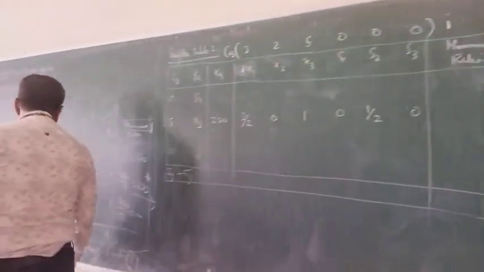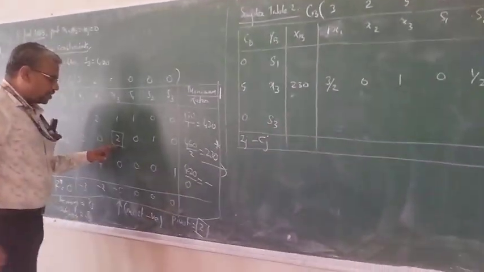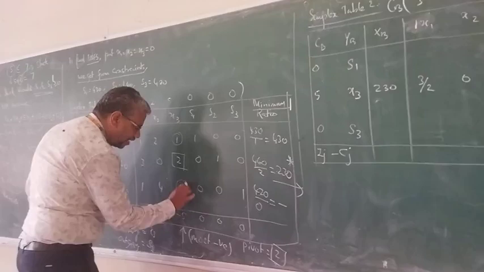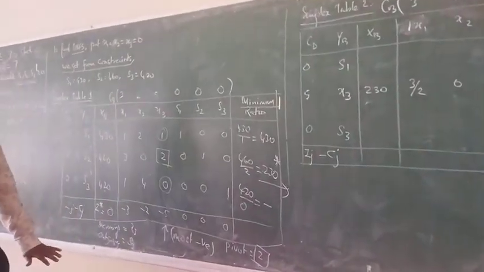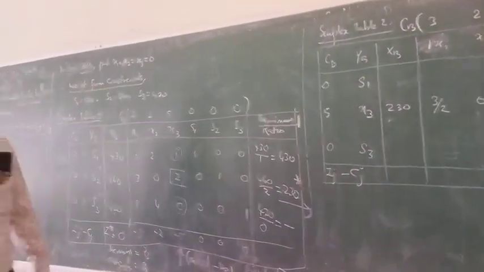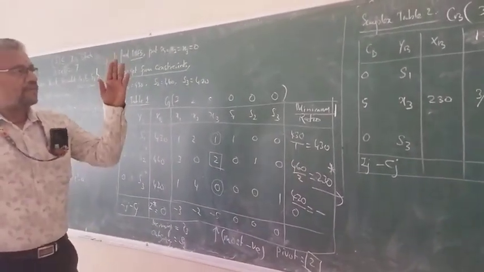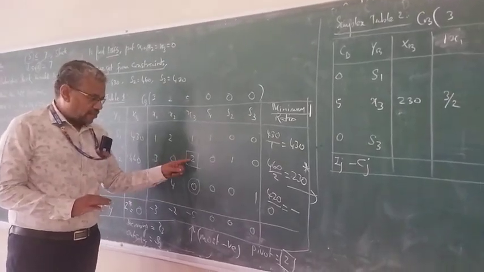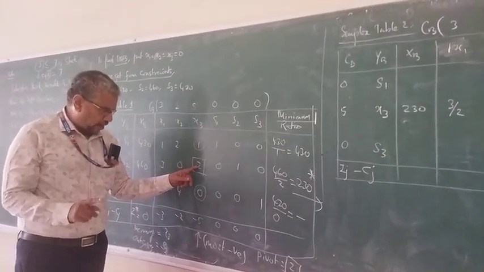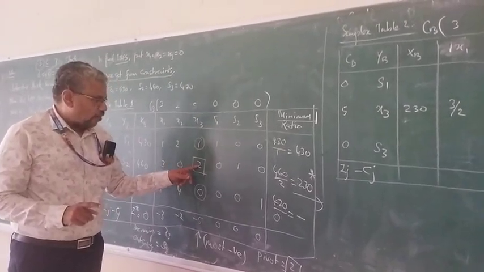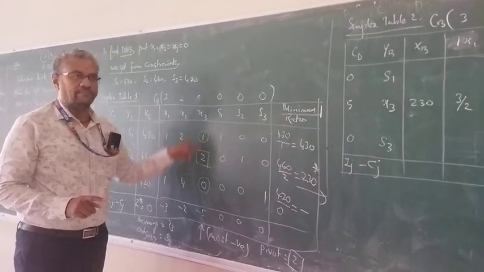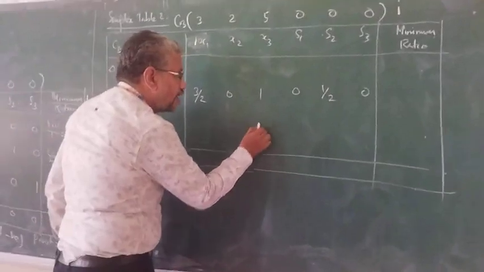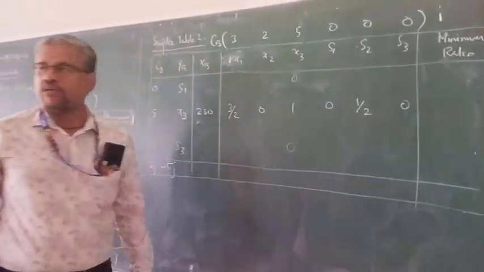Now the next step: I just want to convert the remaining elements in that column to 0. That is step number 2 and 3 for the simplex table 2. Transition is very important, I already told you. First we have to convert the pivot element into 1. After that, the corresponding elements in that column, this value and this value, must be equal to 0.